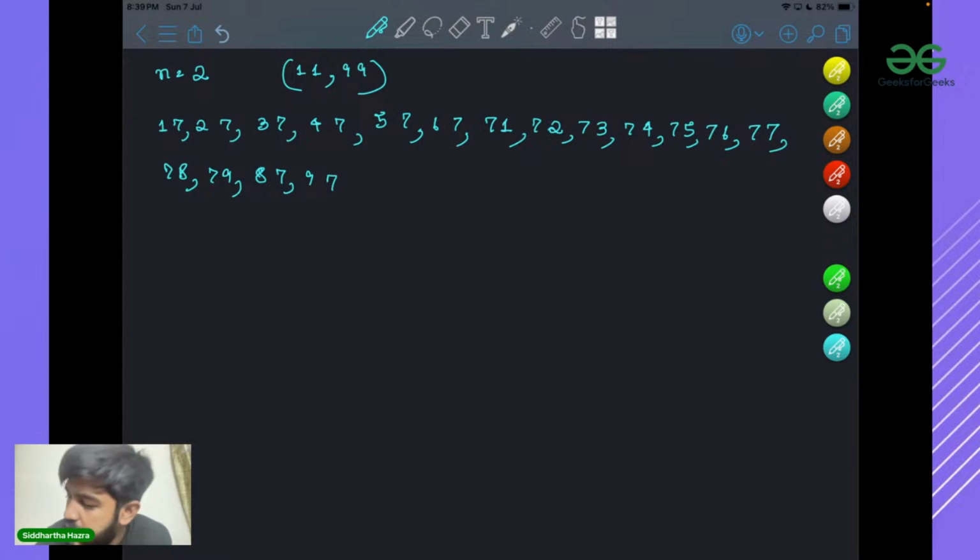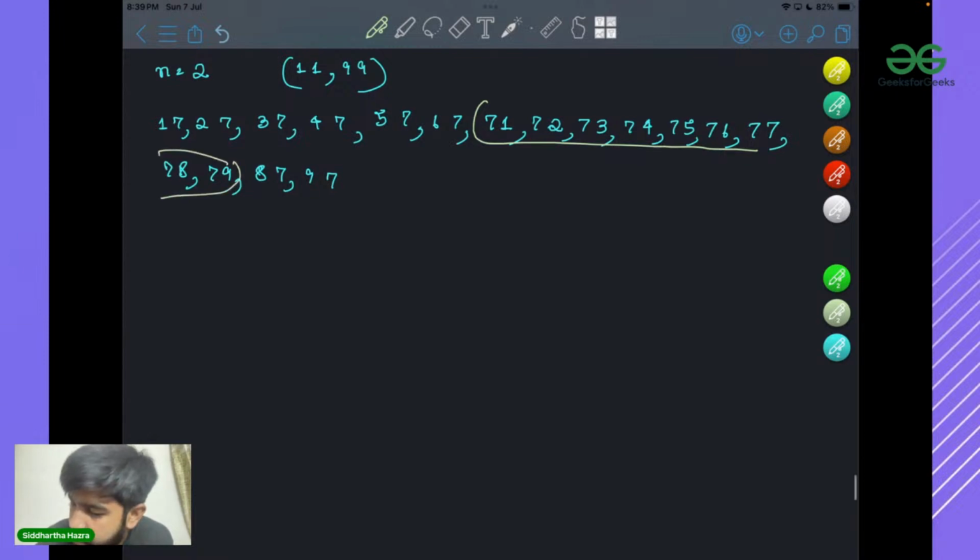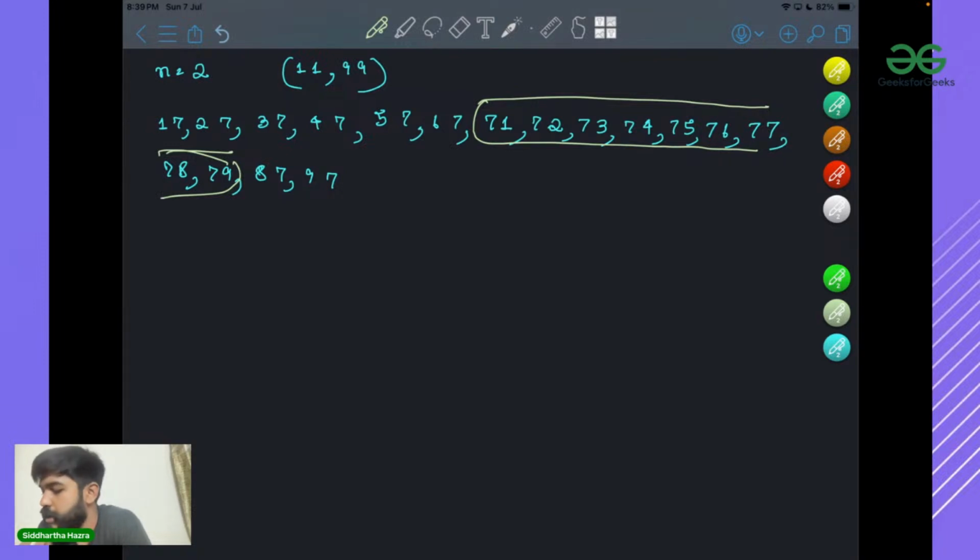If you see, all these are good enough, but if you see the general trend, everything is just 17, 27, 37, 47, 57, 67, 87, 97, but from 70 to 79, because of the presence of 7 in the tens place, we got these. So what is the count of these values? 1, 2, 3, 4, 5, 6, 6 plus 9 is 15, 16, 17.